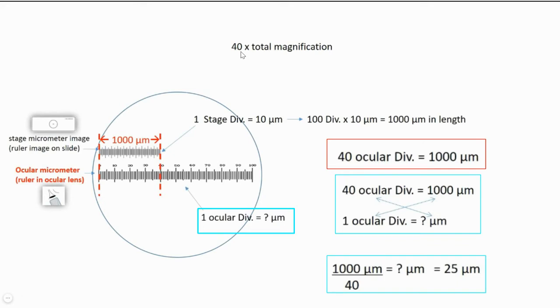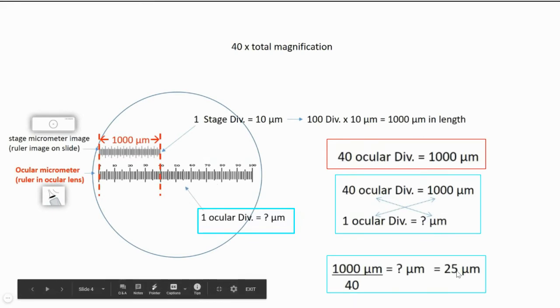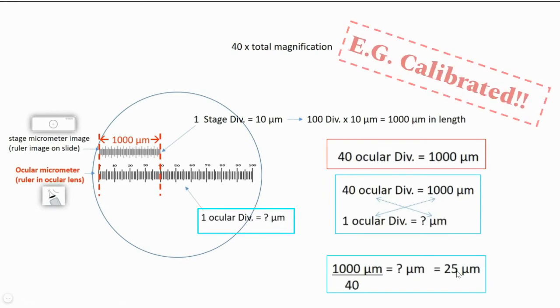So at 40x, your eyepiece graticule divisions are 25 micrometer in length. We can now say that our eyepiece graticule is calibrated. Earlier it was an unknown scale; now you know each division's value in your eyepiece graticule.